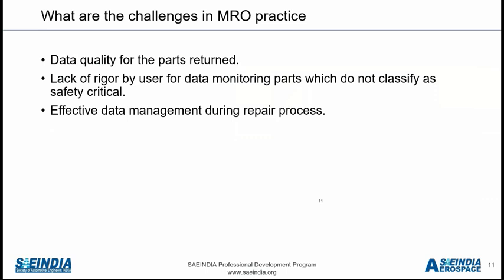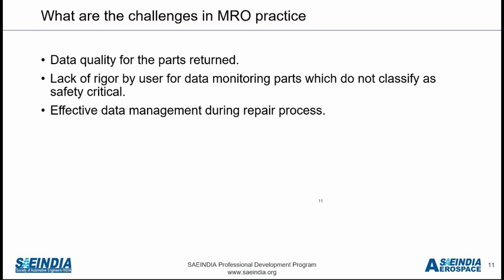We just discussed a lot about the benefits of MRO, but there are some challenges as well. Typically there are three kinds of challenges in MRO practices, and they are linked to each other. First, data quality is not good.